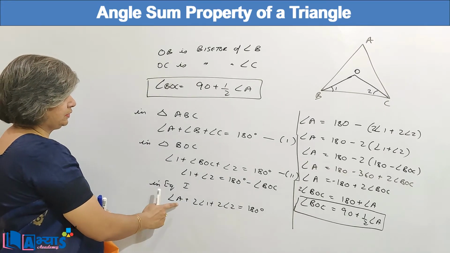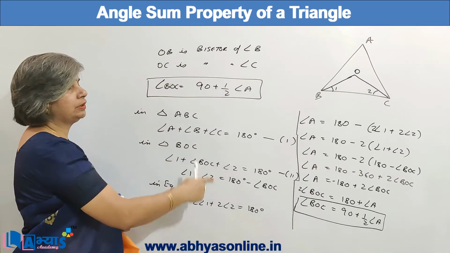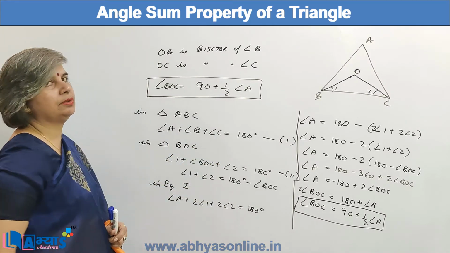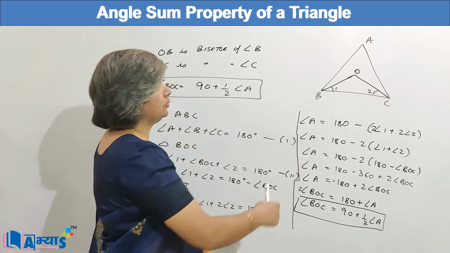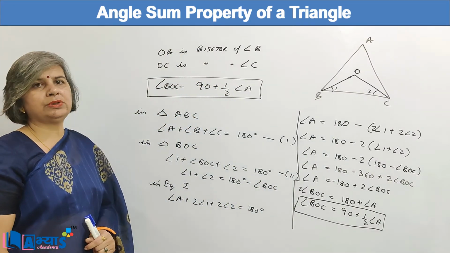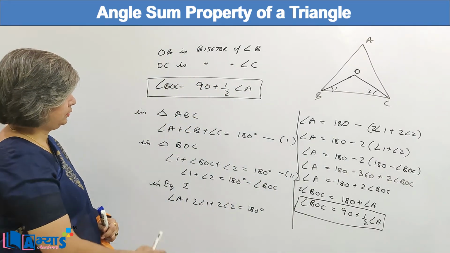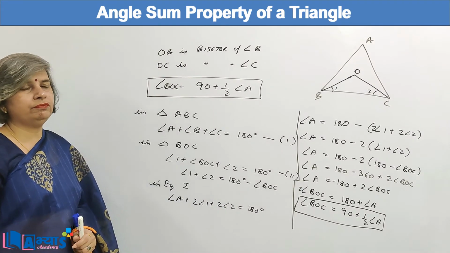So in equation 1 we have replaced angle B with 2 times angle 1 and C with 2 times angle 2, because OB and OC are the bisectors. So complete angle B is 2 times angle 1 and complete angle C is 2 times angle 2. So angle A plus 2 times angle 1 plus 2 times angle 2 is equal to 180 degree.